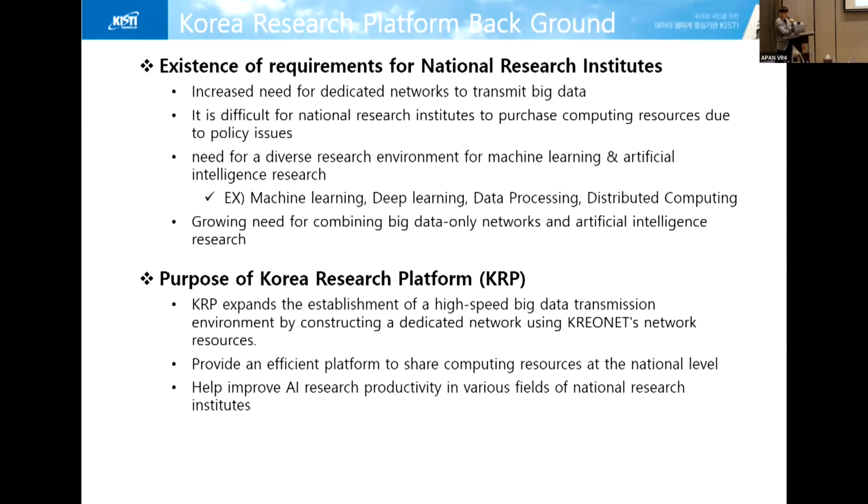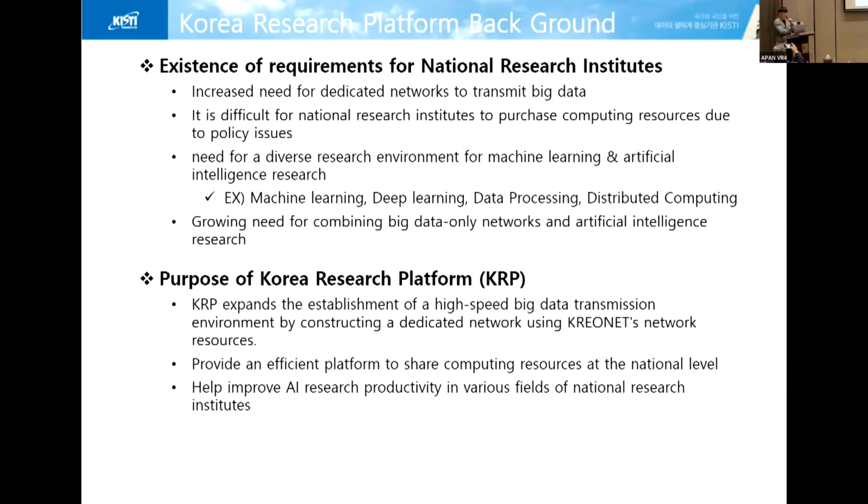In various groups, many organizations configure and use infrastructure on a small scale to utilize computing resources. And users talk about the need for various research environments for machine learning and AI research.